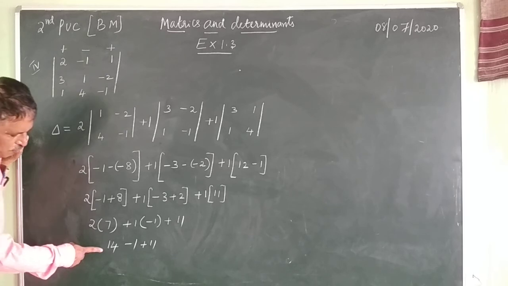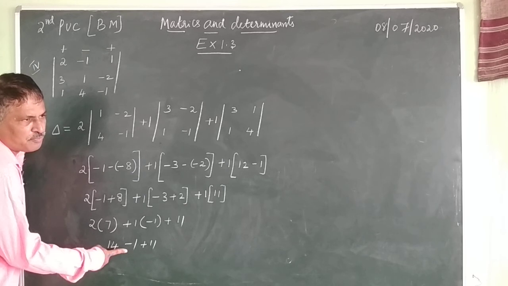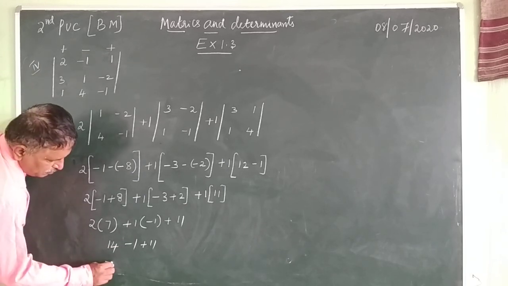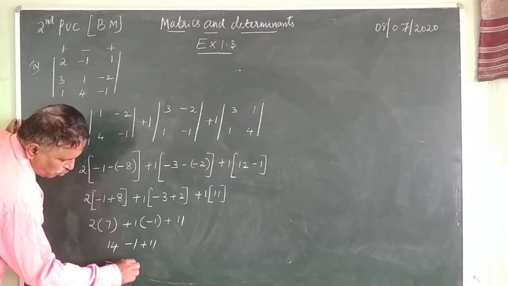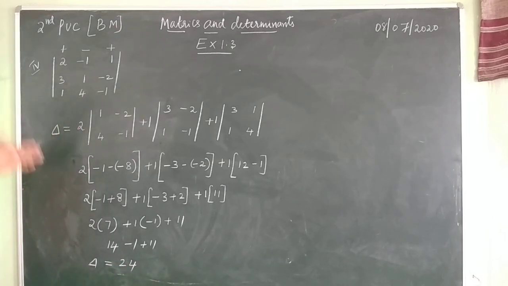Very clearly 14 minus 1 is 13. 13 plus 11 is how much? It is 24 only. So that is the value of delta. Once you evaluate, you will get the value of the given determinant as 24. Yes, please note down this one.